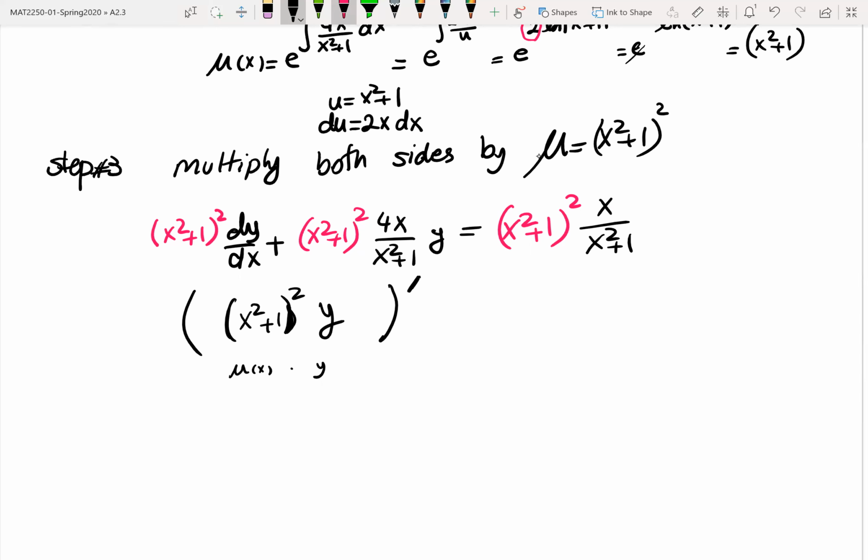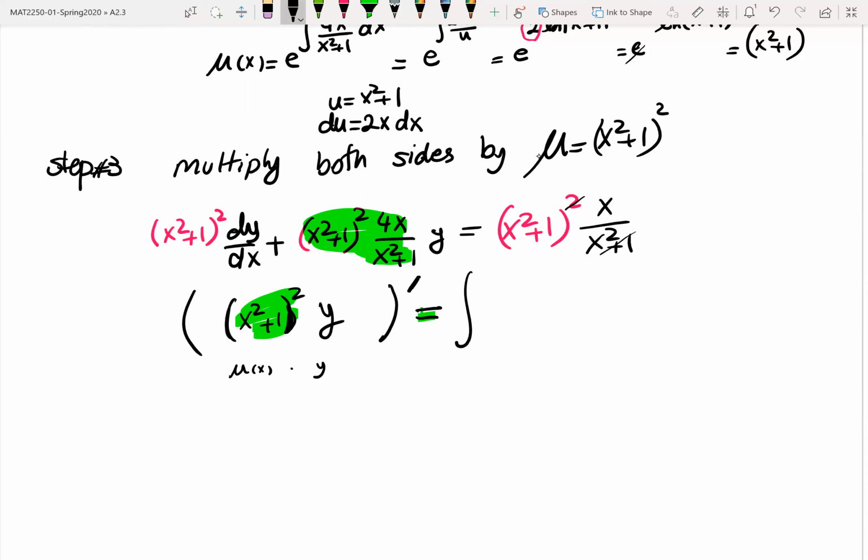It should be true because the whole left side is the derivative of this. I'm not going to test it one more time. It is true, okay? So this by this cancel out.